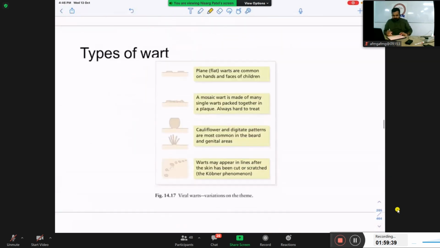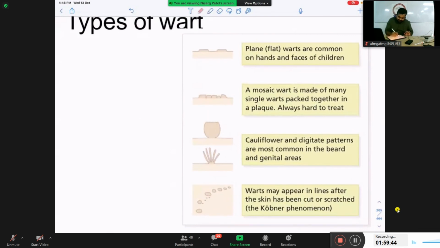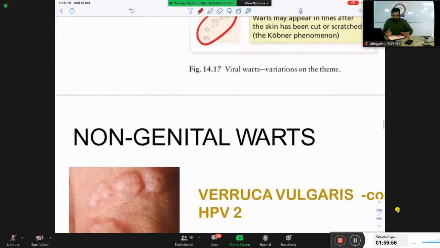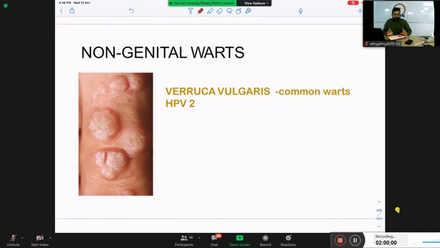Okay, so just look: when warts come to my surface, there can be different types. These are all different shapes of excessive stratum corneum, so you don't have to know this type. But we will discuss the causative agents of these warts. If they ask about non-genital warts on non-genital skin, the most common type is verruca vulgaris.